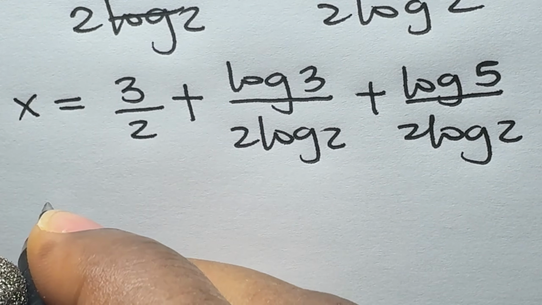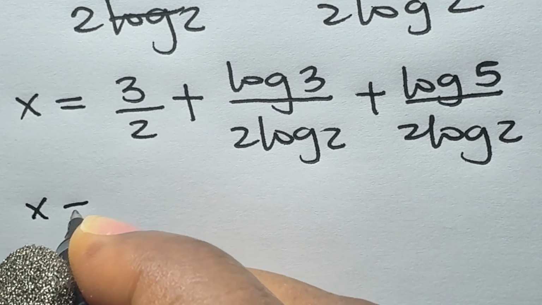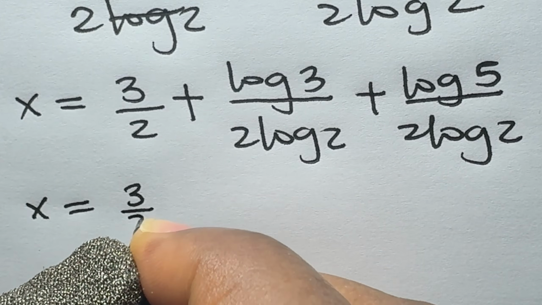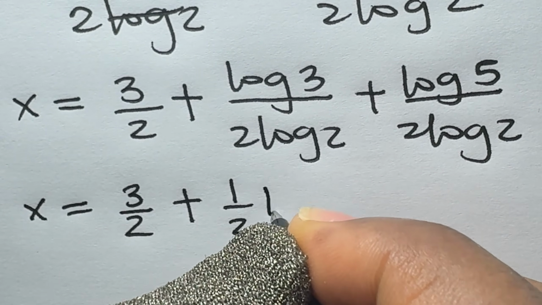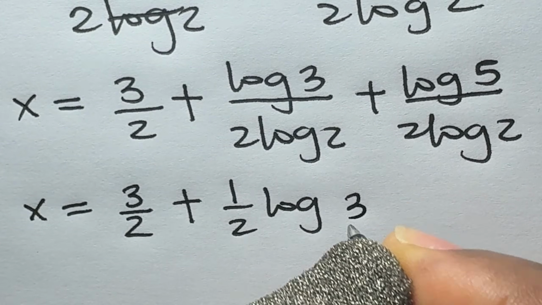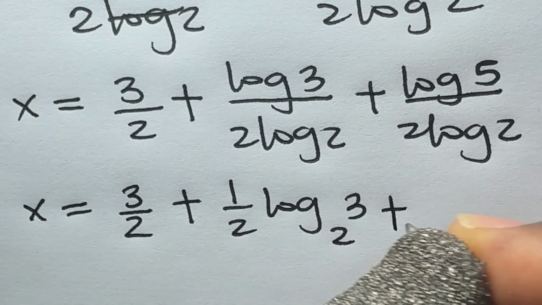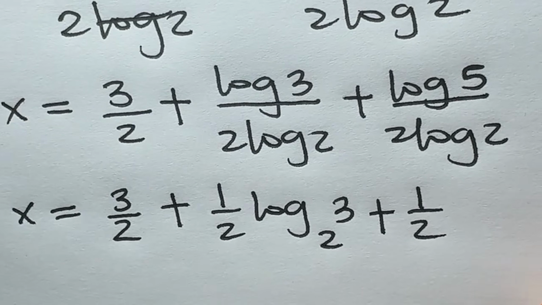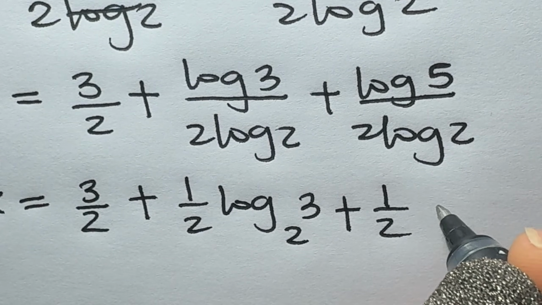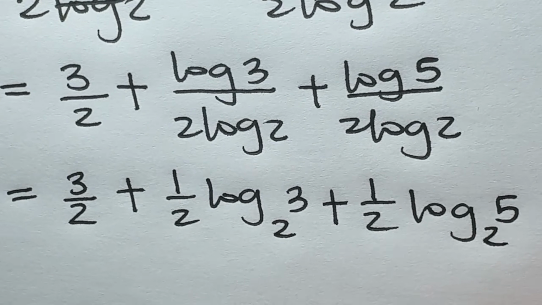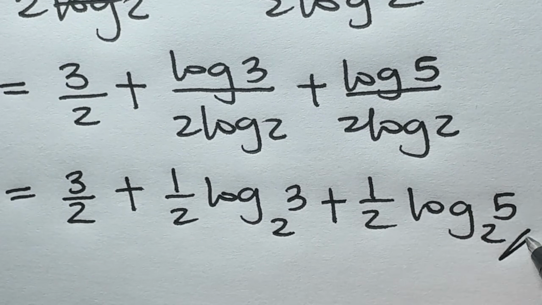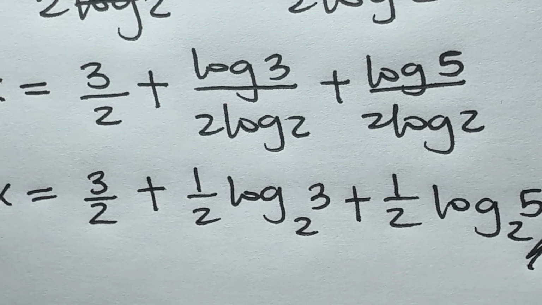I can rewrite this as x is equal to 3 over 2 plus 1 over 2 log 3 base 2 plus 1 over 2 log 5 base 2, giving us the final answer to this problem.